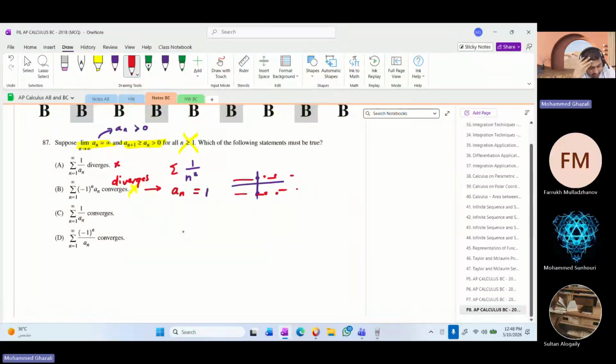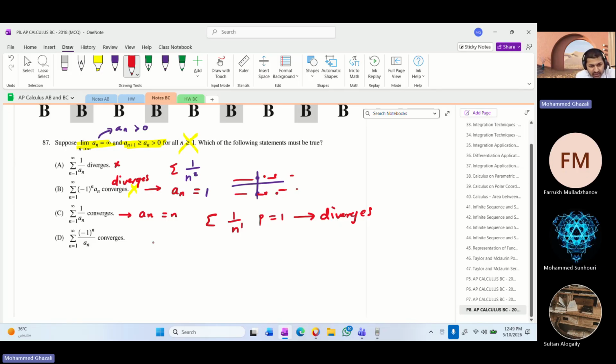What's a counterexample we can provide for this? 1 over a_n converges. We can say a_n is equal to n. So you've got sigma 1 over n. What can you say about that? It diverges, because by the p-series, this is p equals 1. Now remember, it's very important to note that the harmonic series usually diverges, but an alternating harmonic series converges.